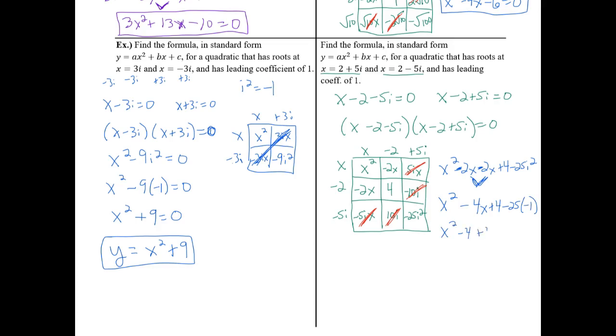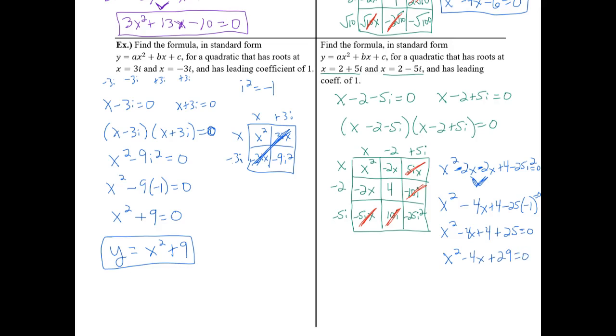And then, oops, it's an x. Negative 25 times a negative 1 is positive 25. And I should have added this. Everything is still equal to 0. And then I add that 4 and 25. And I get 4 plus 25 is 29.